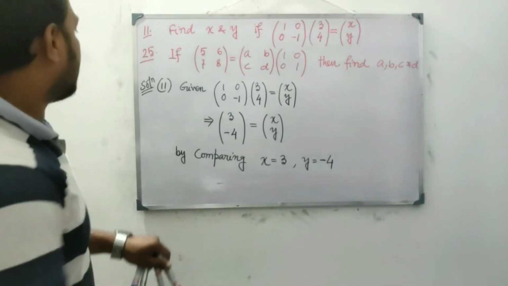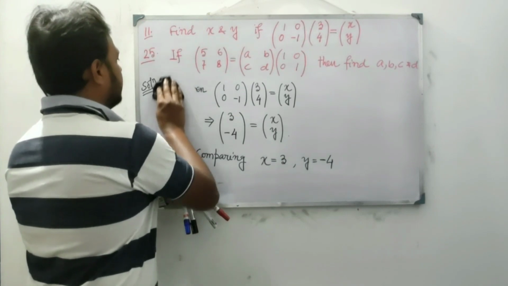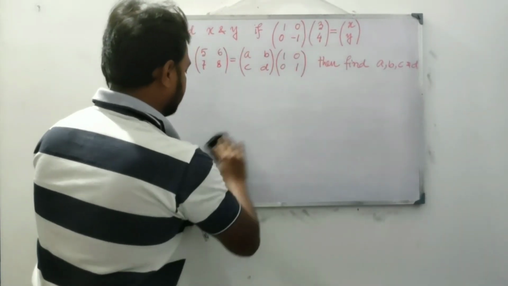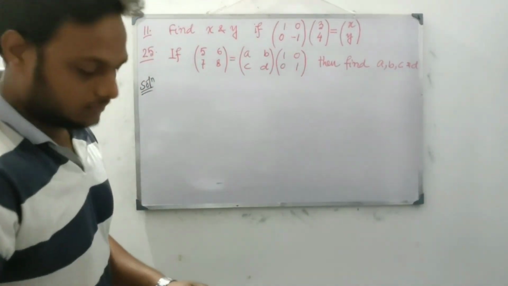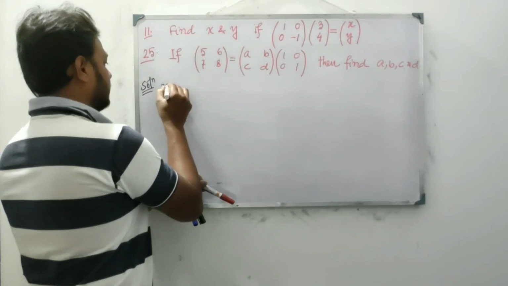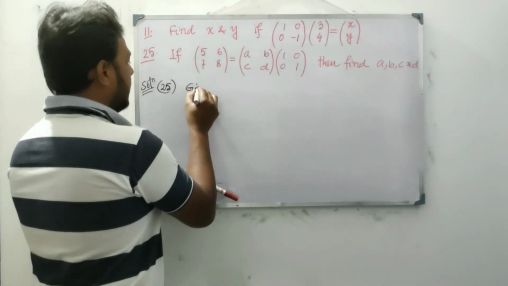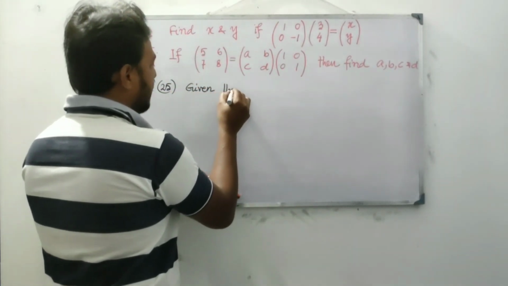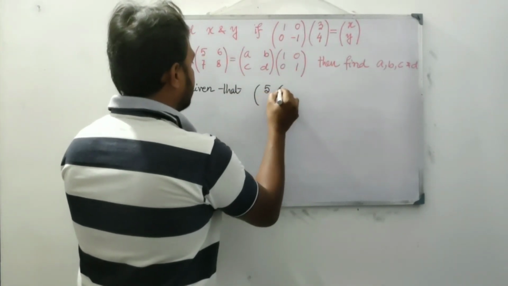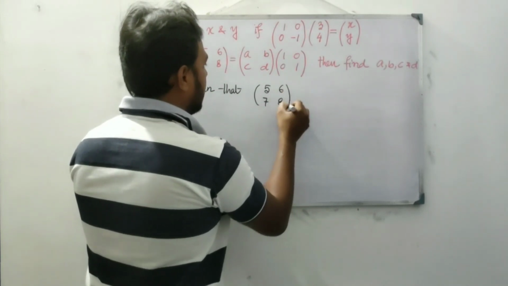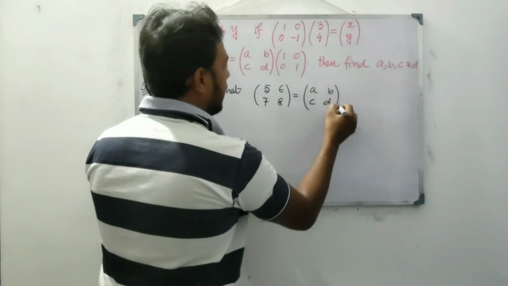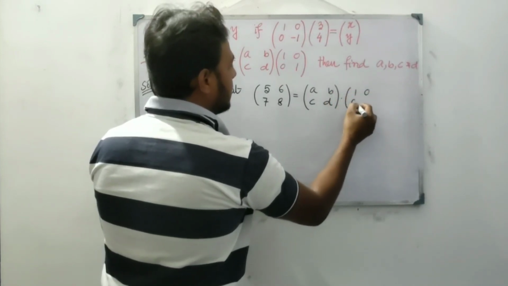Next, number 25 problem. For the number 25 problem, given that [5 7; 6 8] equals [A B; C D] multiplied with [1 0; 0 1].